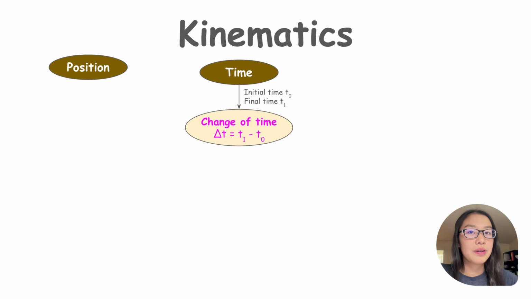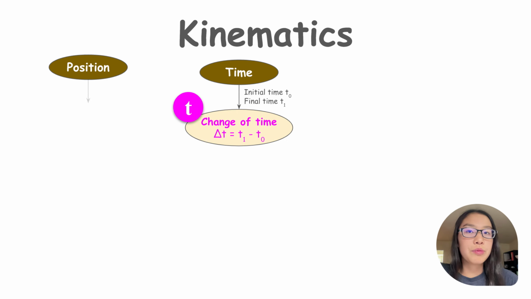Here's a quick note. Time is a physical quantity, and change of time is also a physical quantity. In this course, we will use the variable t to represent the change of time, the difference, rather than the actual time. So, while many people use delta t to talk about the change of time, we'll just use t instead.